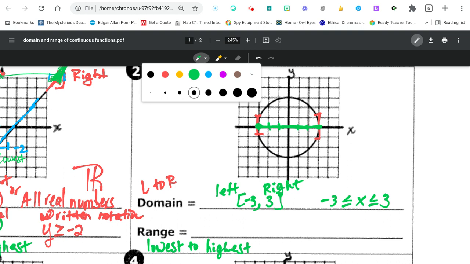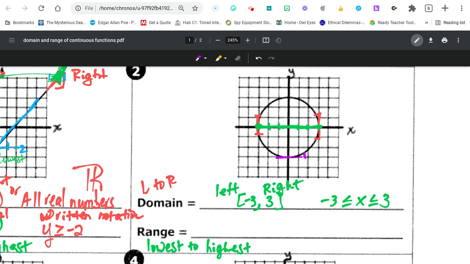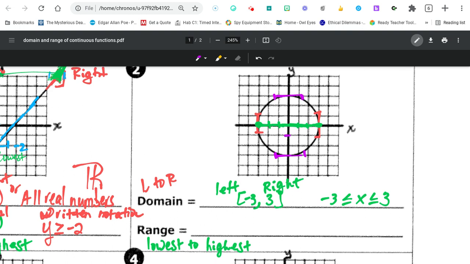All right, so I'm going to color code. Let's do lowest. The lowest point on this circle is right here, and the highest point on this circle is right here. So that's -1, -2, -3. This is the lowest point. It's at -3, so use a bracket. And the highest point is at 1, 2, 3, +3.